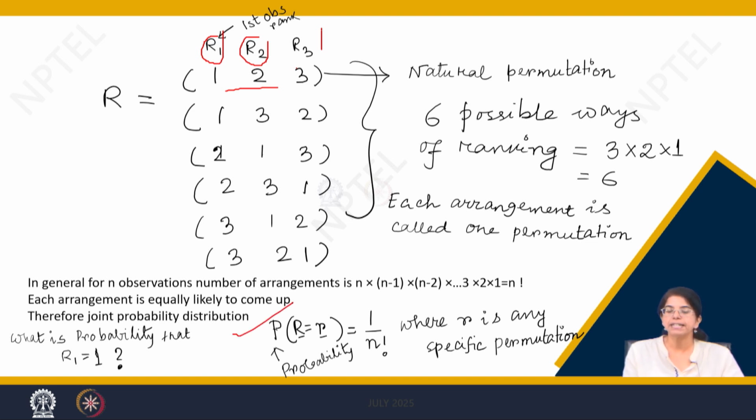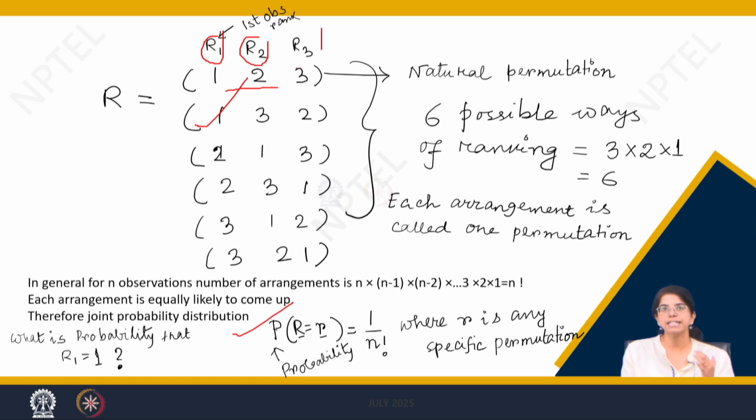Okay. So if I ask you what is the probability, look at this part. R is your statistic, your rank vector, equal to a small r. Have you seen there is an underbar? That means R is your R1, R2, R3, and that is equal to a particular choice, let's say 1 3 2. So what will be the probability? What is the chance? Very easy to calculate.